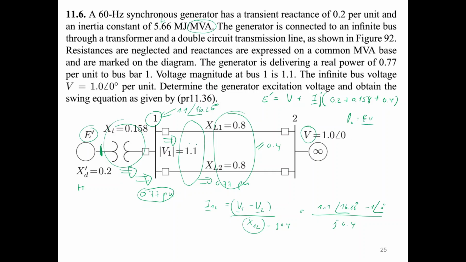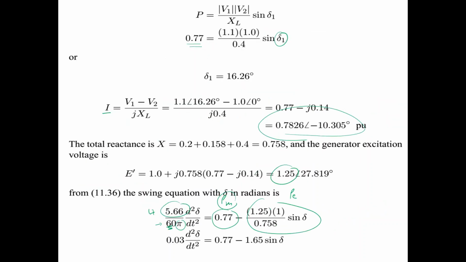This is the total impedance, 0.6 plus 0.158, so you have 0.758. You substitute E, which should be 1.1226, into 1 sine delta. This is PE. So this is the swing equation.